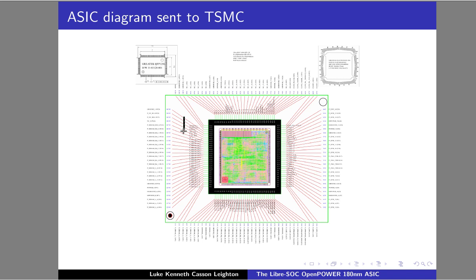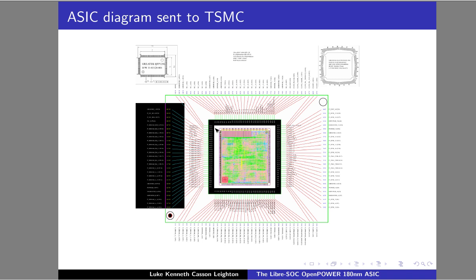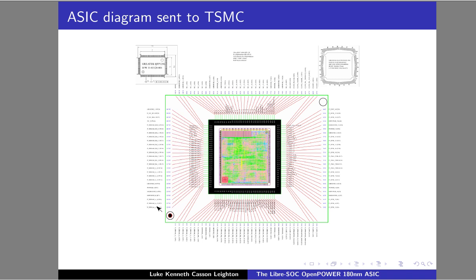They wanted the pin diagrams, etc., and also the orientation tag in the diagram. This contains all of the information that they need to actually create the test chips for us. So that should be back from IMEC within a few months, and we will be able to begin the testing process.